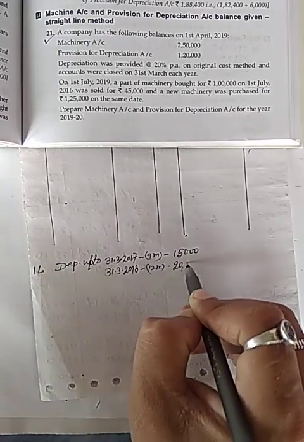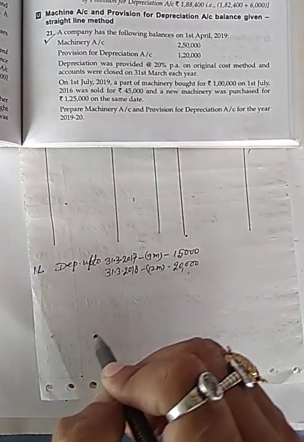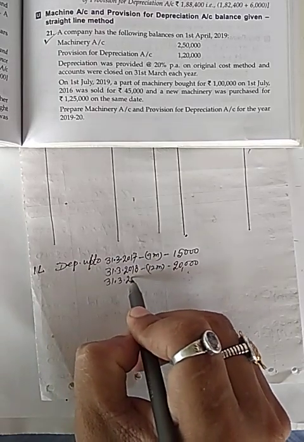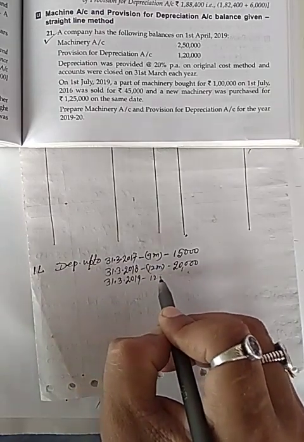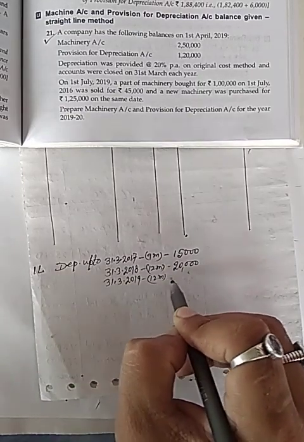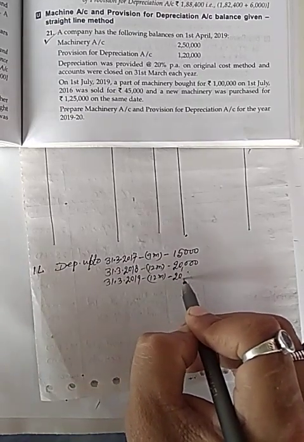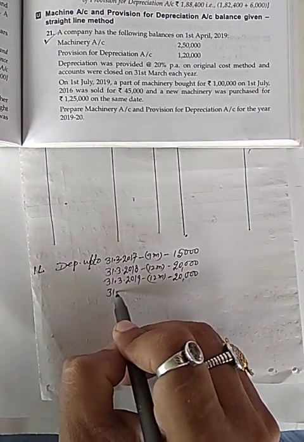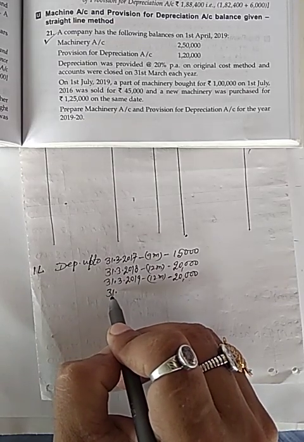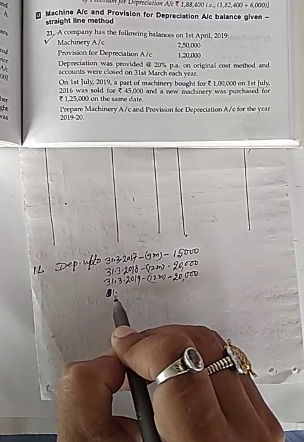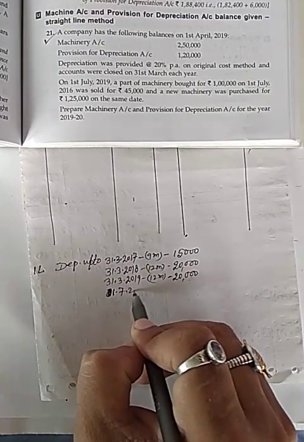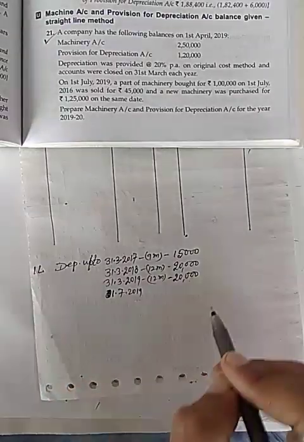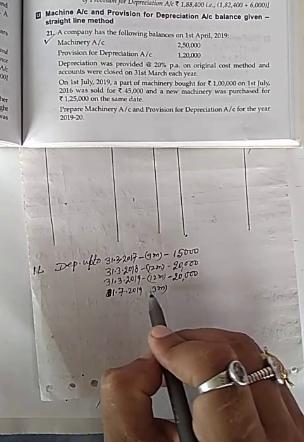So it will be 20,000 through the straight line method, and on 31st March 2019 for 12 months, it will also be 20,000, and when it is sold on 1st July 2019, then depreciation will be for 3 months only in this year.